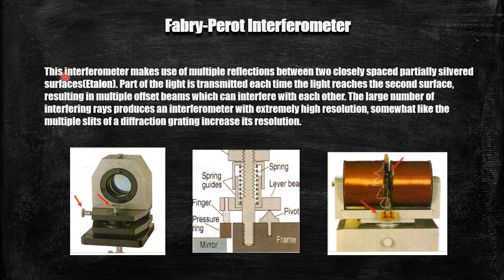This interferometer makes use of multiple reflections between two closely spaced, partially silvered surfaces, the etalon. So partially silver-coated plates are used in the Fabry-Perot interferometer.